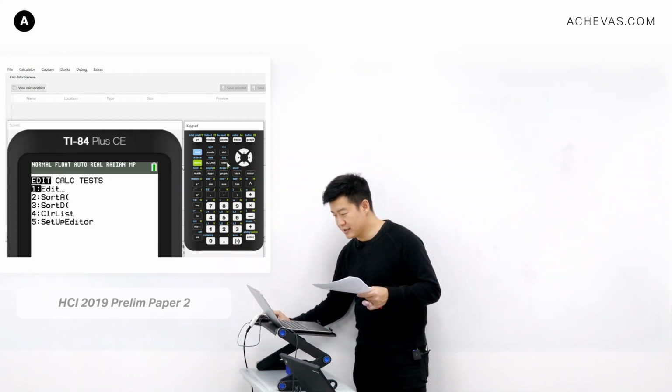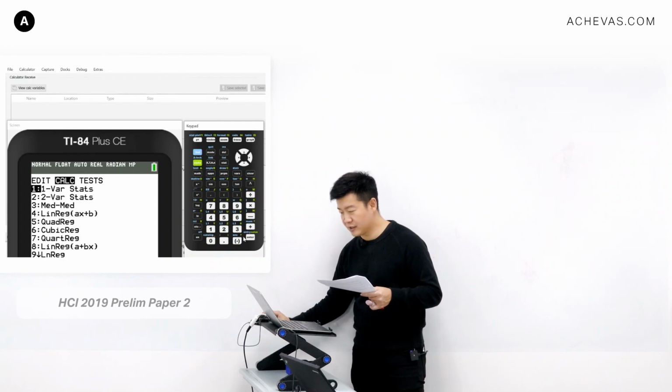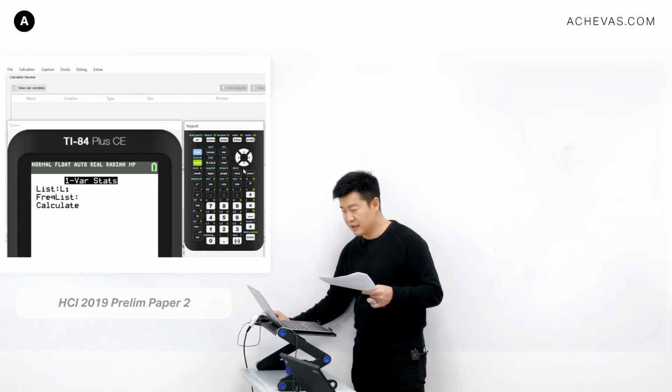So we'll press stats, calculate 1 variable stat. List 1 is L1. Frequency list, second number 2 gives you L2. Calculate.